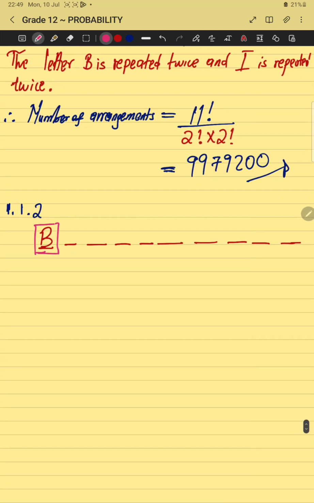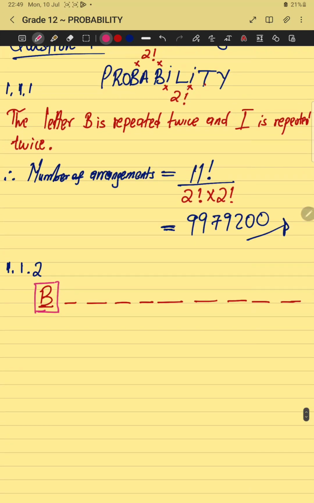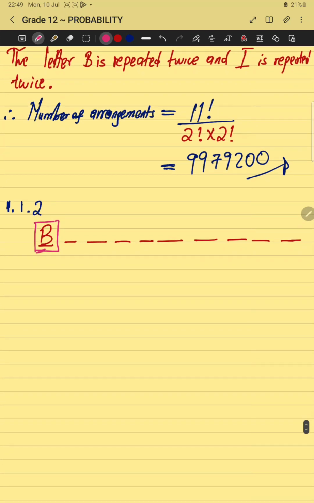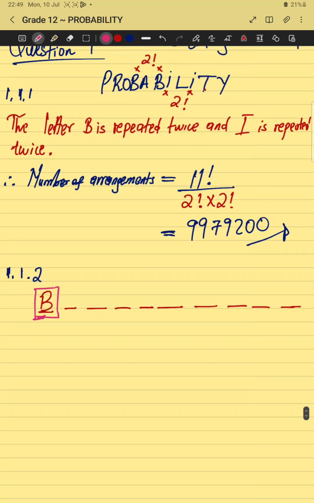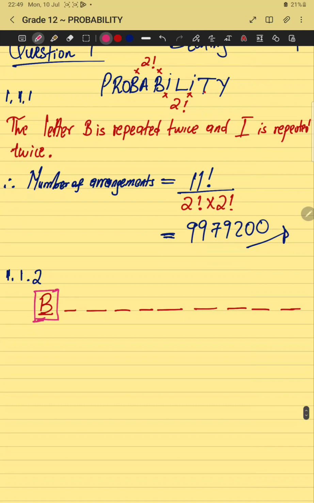So if you count again the number of letters that the word probability has, you are not going to count that B because B is already used. You have to count the rest now, all the letters except B, because B is already fixed.